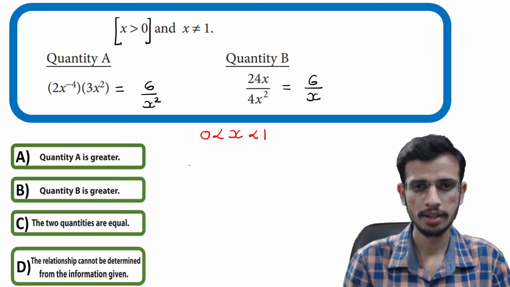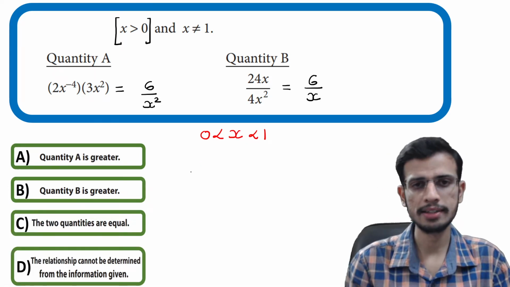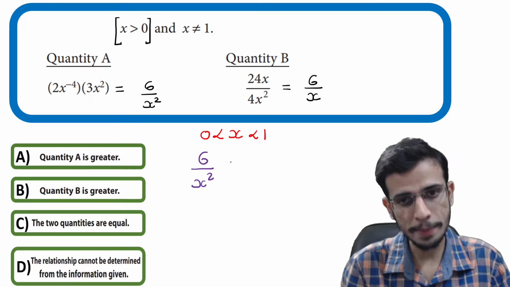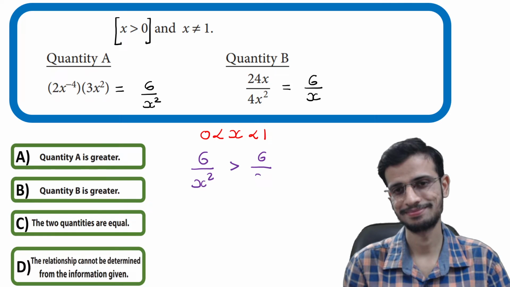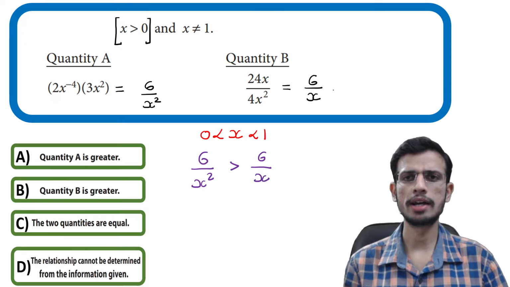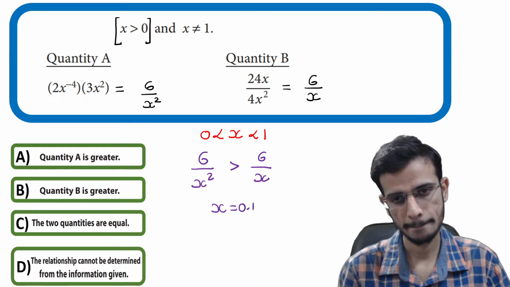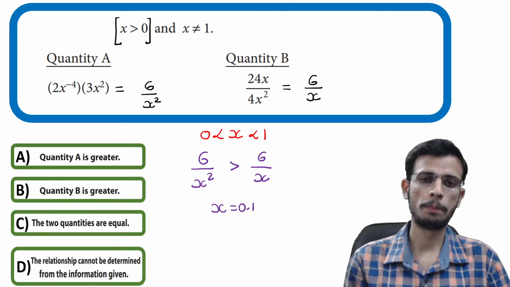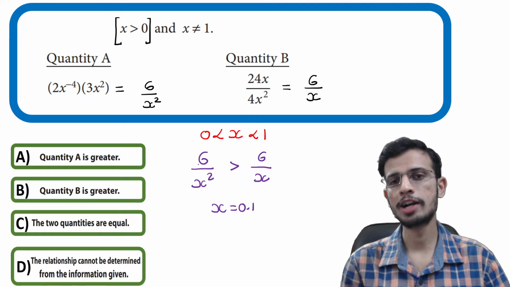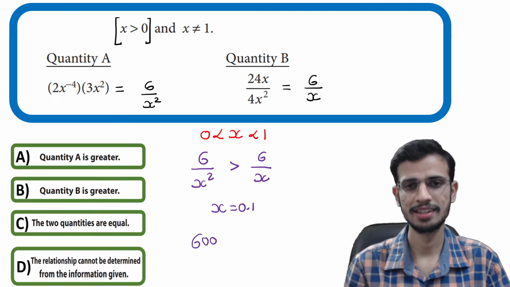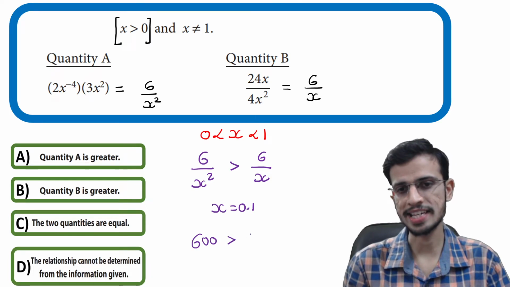You can just put a value as well. For this case, 6 by x square will be greater than 6 by x. We can put x equal to 0.1. So 0.1 into 0.1 is 1 by 100, so it will be 600, and this will become 60.